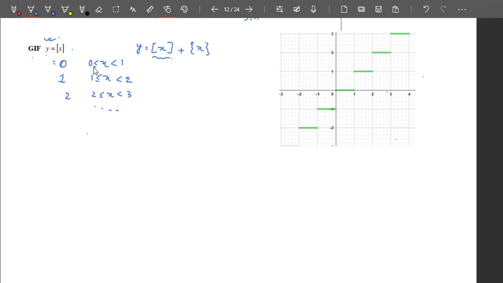So in between 0 to 1, that will be a straight line parallel to the x-axis, that is y is equal to 0. In between 1 to 2, it will take the value of 1, y is equal to 1. The endpoints are excluded.